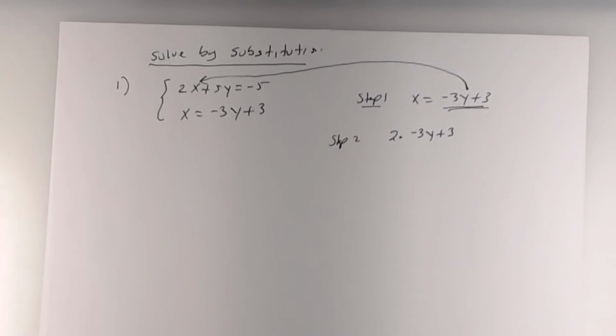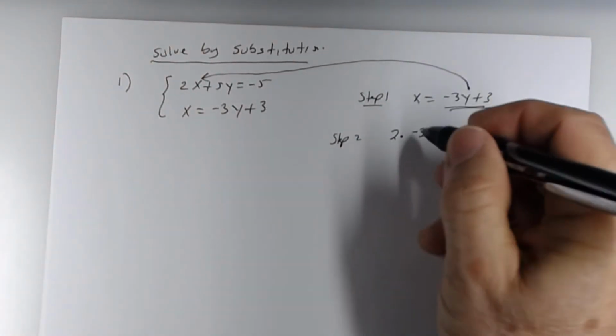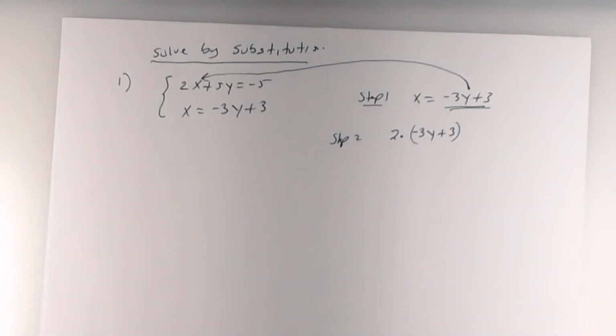If you leave it like that, that's incorrect, because according to that little part, the only thing you're multiplying by 2 is what? The negative 3y. What needs to be multiplied by 2? All of x. What is x equal to? So you have to put that in parentheses because you're going to use what property at some point? The distributive property.